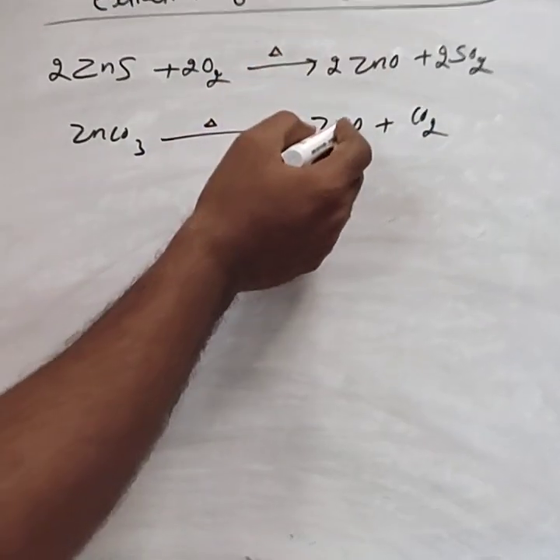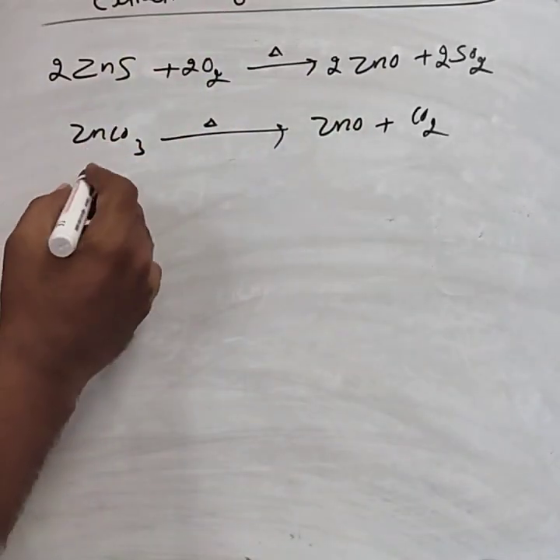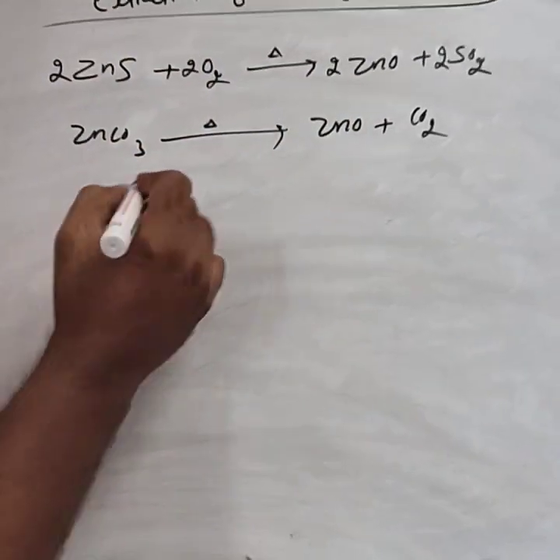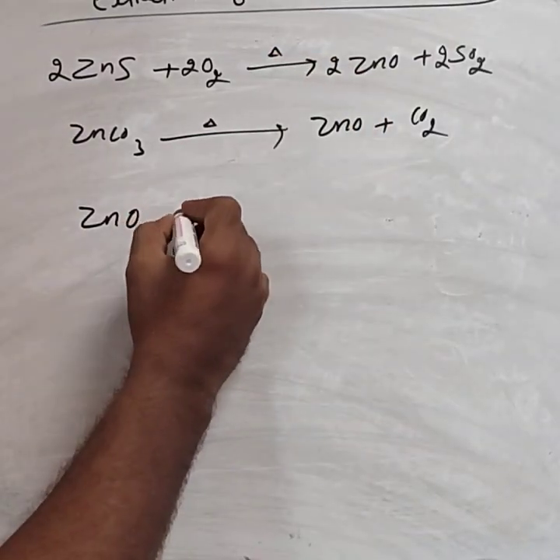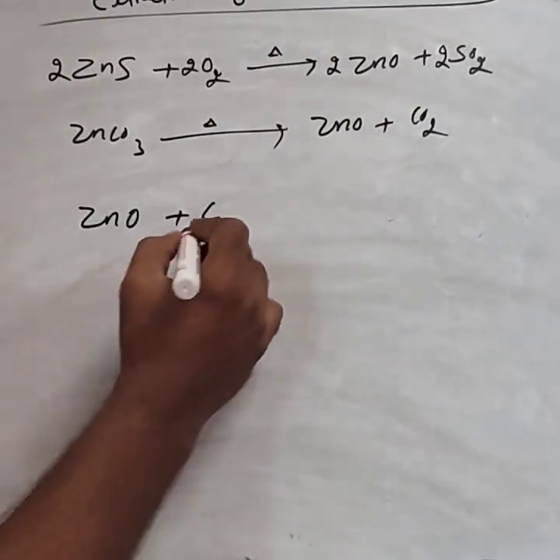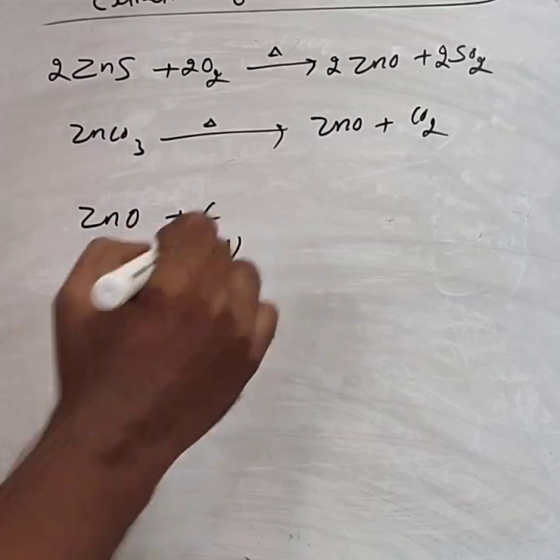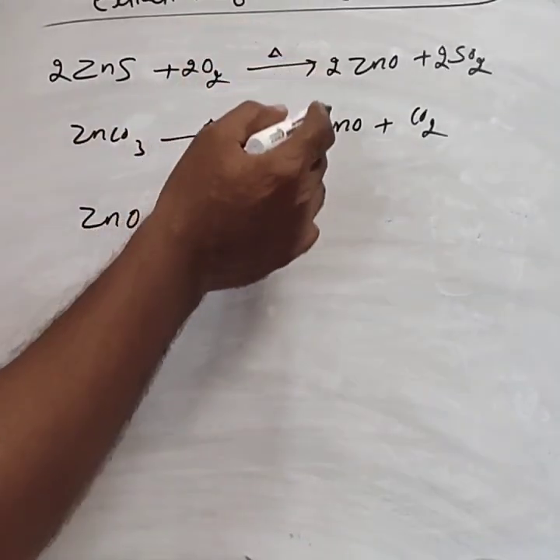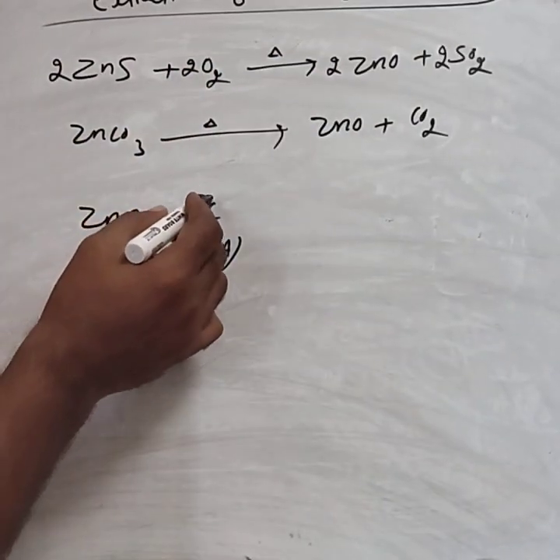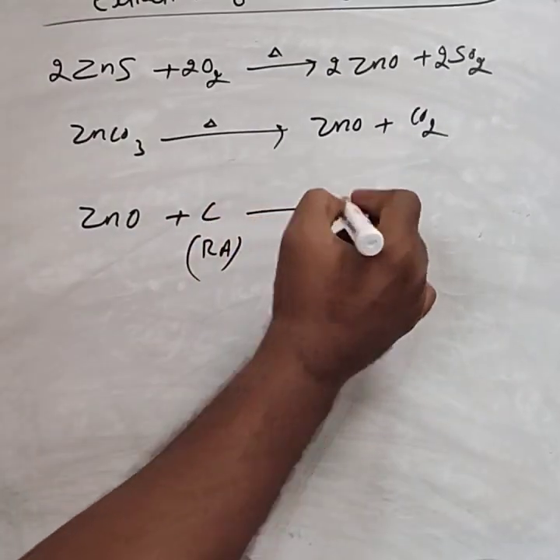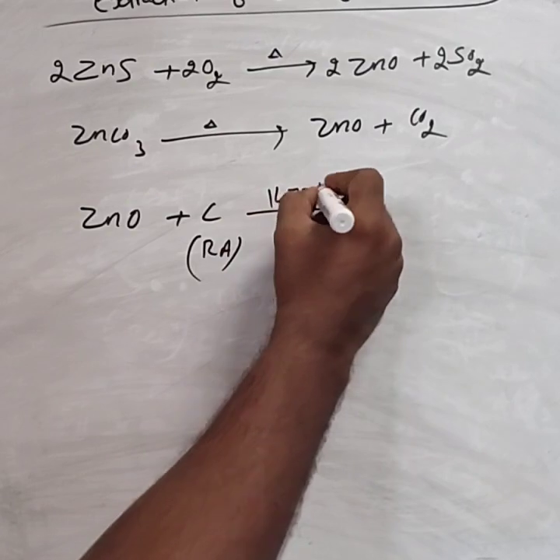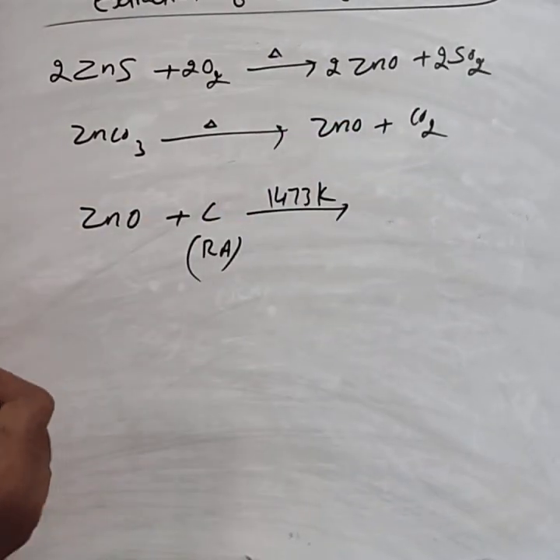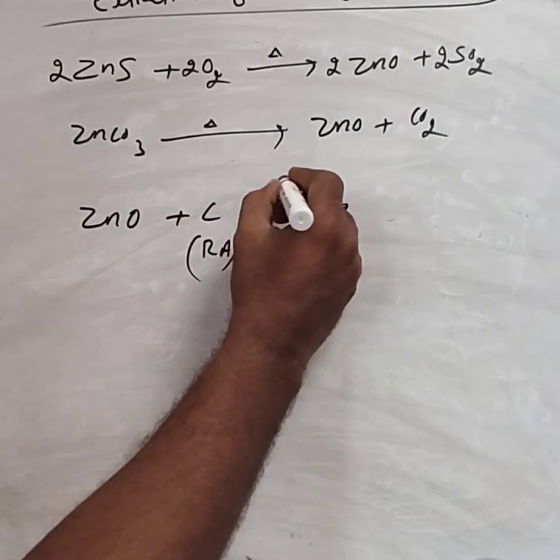You get an oxide ore. This oxide ore, zinc oxide, is treated with coke, and carbon acts as the reducing agent. The formed zinc oxide is treated with coke or carbon, which acts as a reducing agent, and heated to 1673 Kelvin.